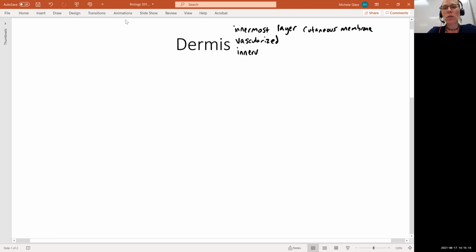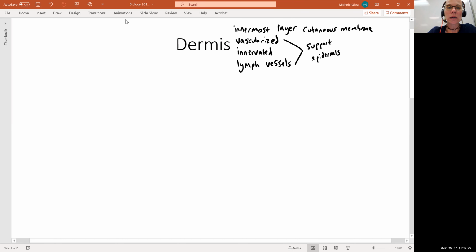It's going to be innervated, meaning that it has nervous supply. It's going to have lymph vessels. And so these are all really important ways that the dermis is going to support the epidermis.